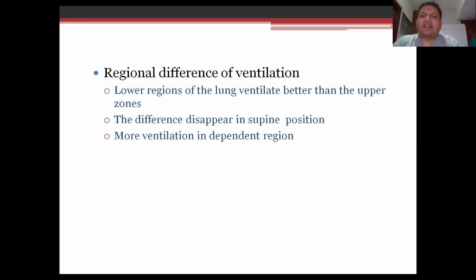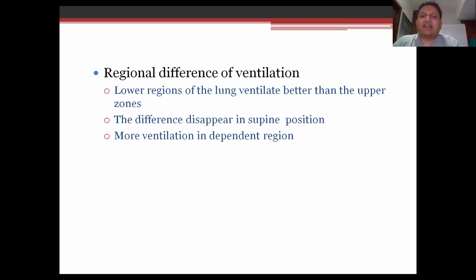So why are we discussing it? This will decide in which position we should ventilate our patients. If the patient has pneumonia or collapse more in the posterior part of the lung, and you make them prone, what will happen?